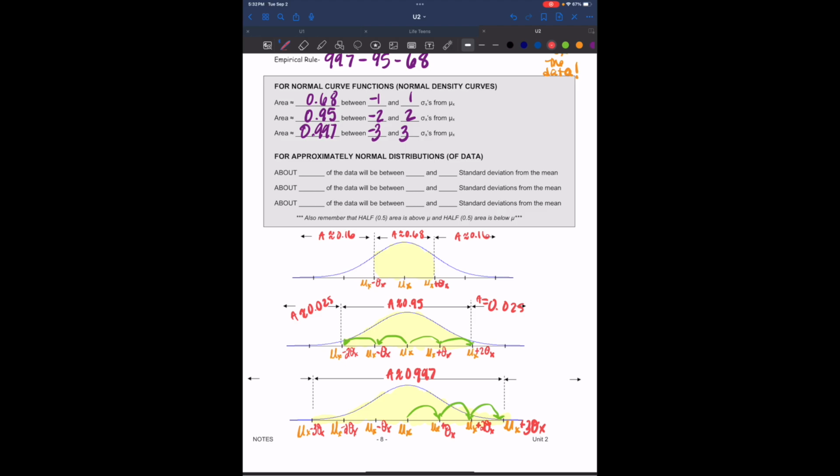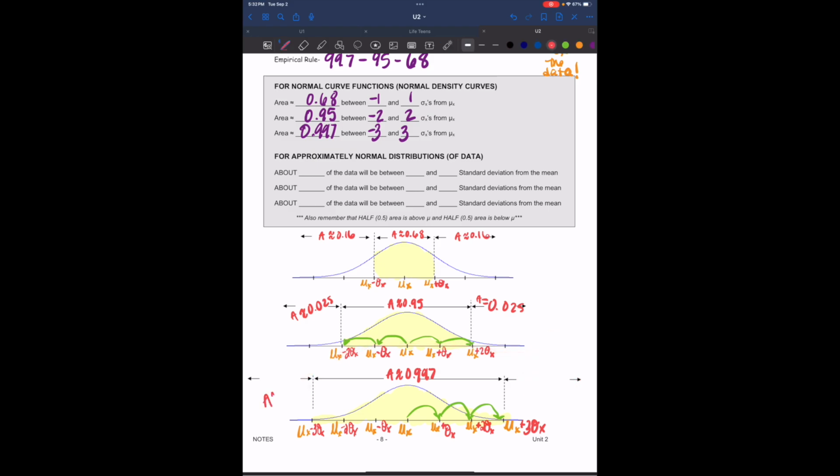And then thinking about that, we might ask, how much data is on the outside part? So we know the total area is 1 minus 99.7. 1 minus 0.997 comes out to be 0.003. That's what's remaining out here and here. If we divided that by 2, that's going to get us a very, very little number.